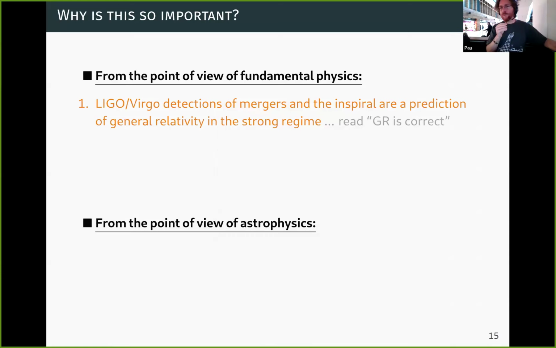From the point of view of fundamental physics, what I just showed to you means that the LIGO and Virgo detections of mergers and the inspiral of neutron stars are a prediction of general relativity in the strong regime, which is a very long way of saying general relativity seems to be correct.